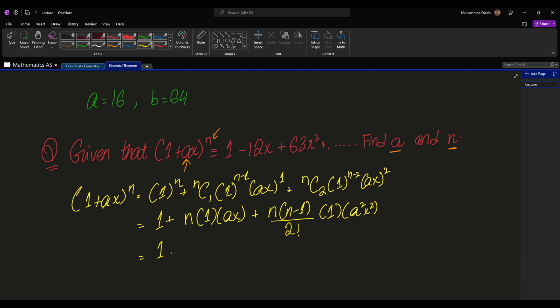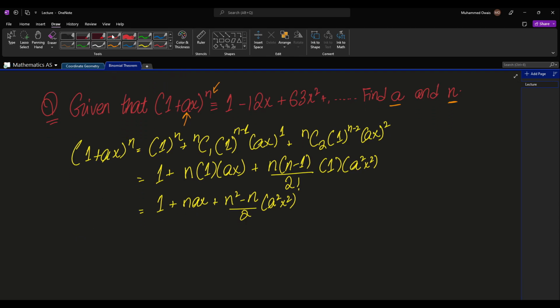So this 1 plus nax plus, all right, so this becomes n square minus n over 2 into a square x square. All right, this is our term. Now then, what we need to do is replace this term with this so we can compare the coefficients.